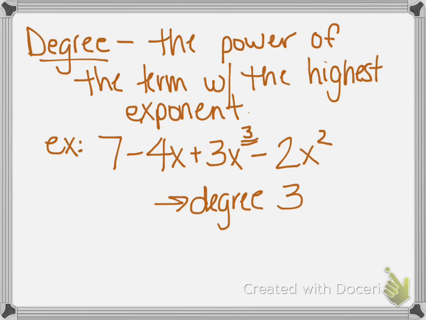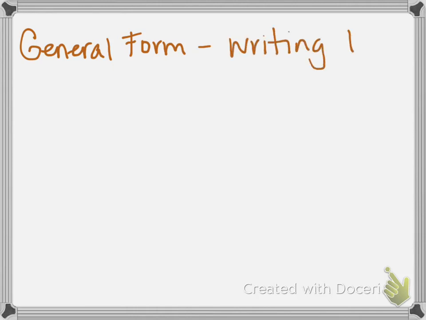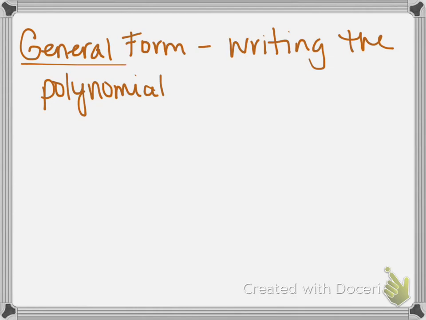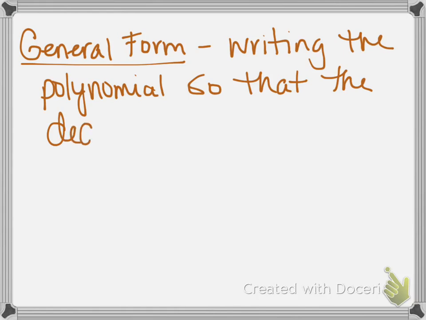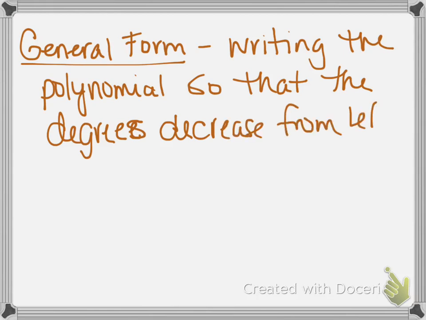General form of a polynomial. General form is when you write the polynomial so that the degrees decrease from left to right.